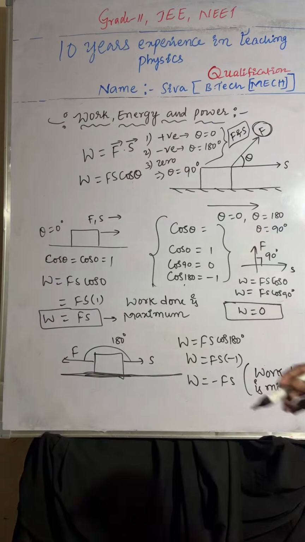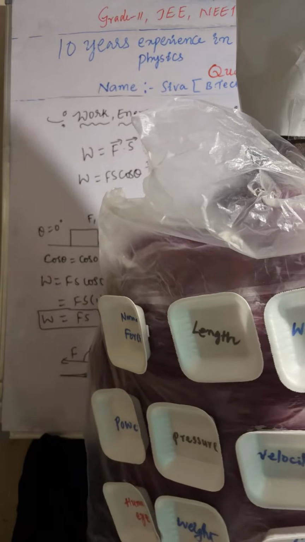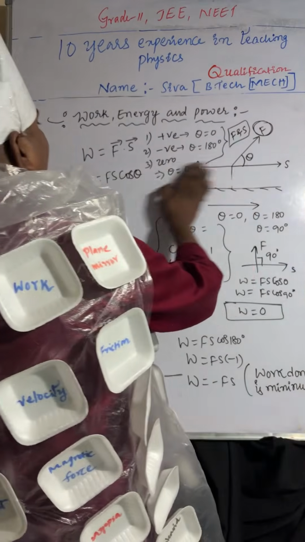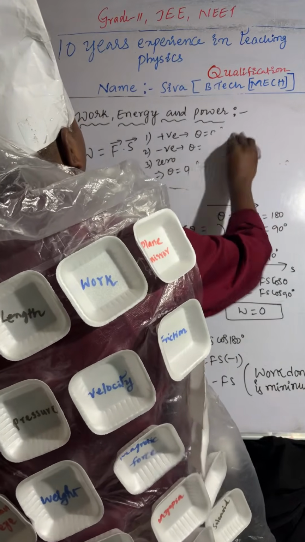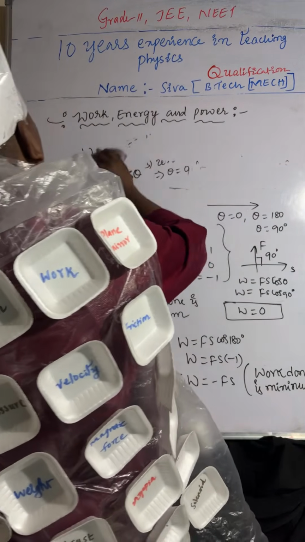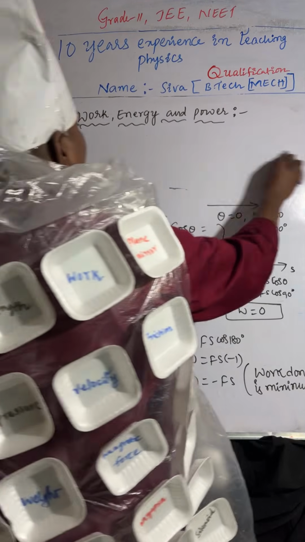So next, we'll discuss energy. What is energy? Energy is nothing but the ability to do work, or capacity to do work. Ability to do work or capacity to do work is called energy.